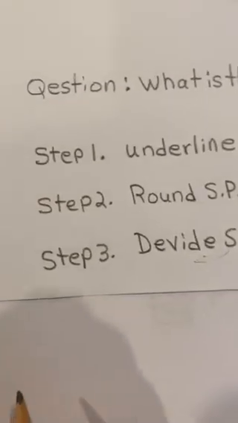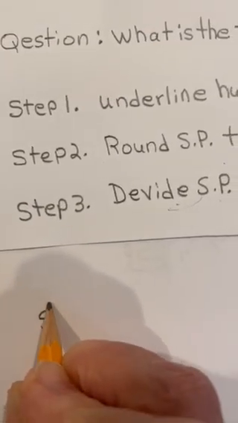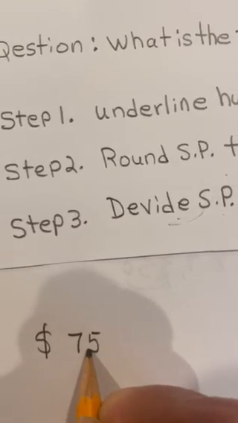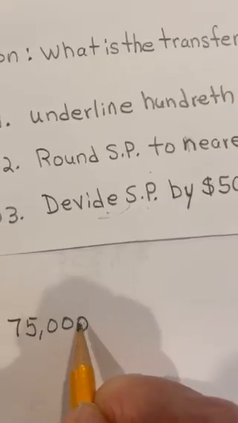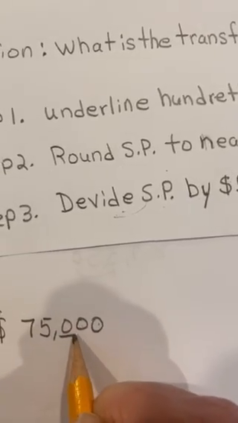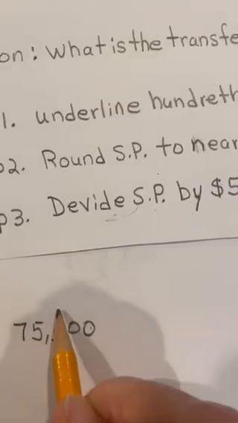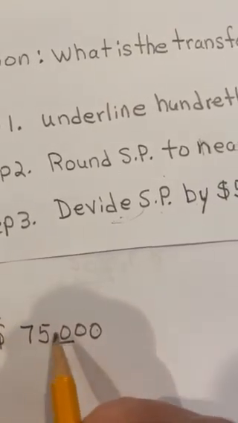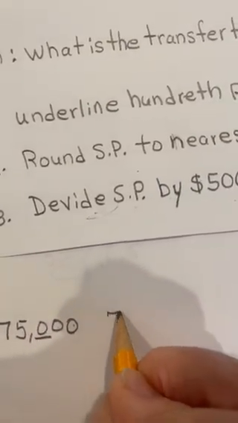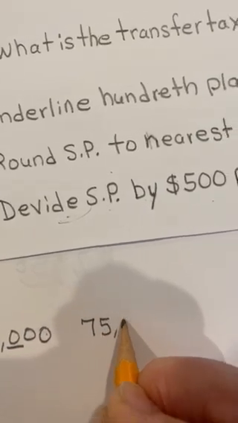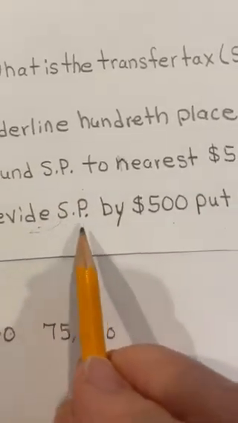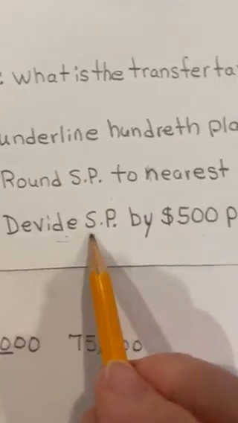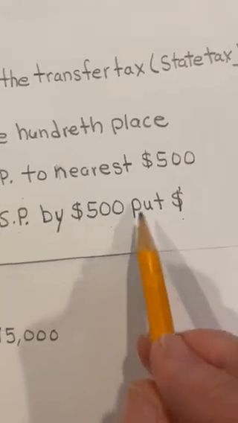Now let's do a problem. Let's take 75,000. Units, tens, 100. You underline the 100 spot, and there's no number there, so you don't have to round to anything. You keep it at 75,000. But you do the third step, you divide the sale price by 500.